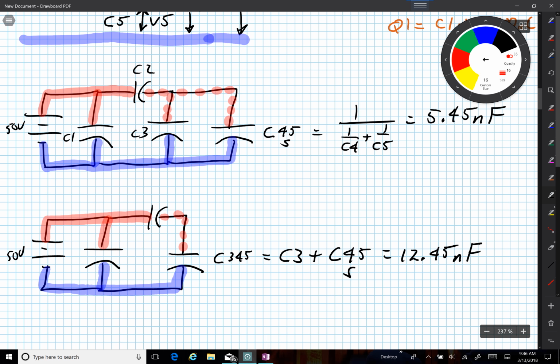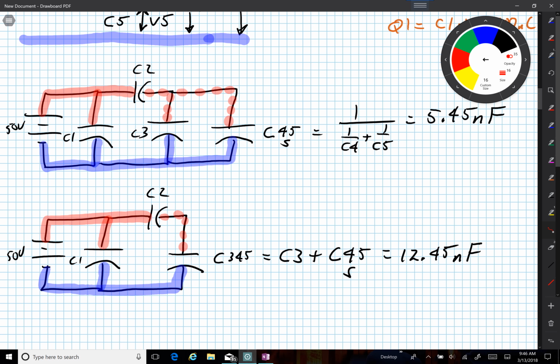Okay, this is C1, C2, and this is C3, 4, 5. Now I ask, if I go through C2, must I go through anything? Yes, I must go through C3, 4, 5.